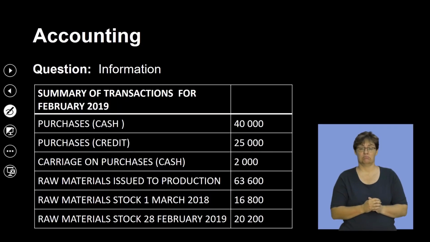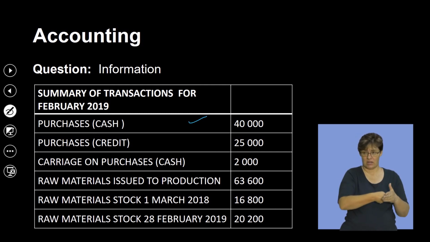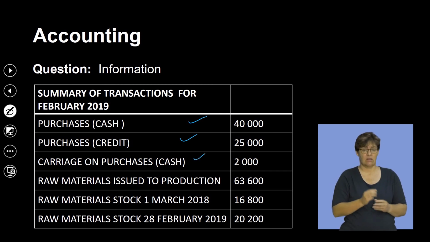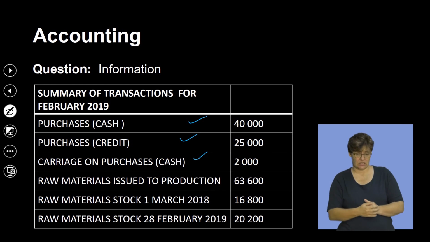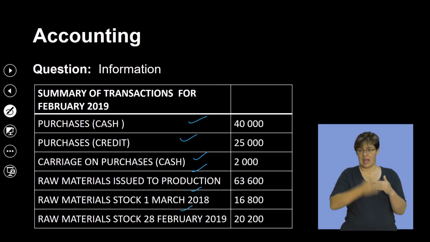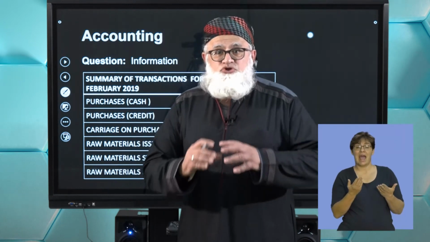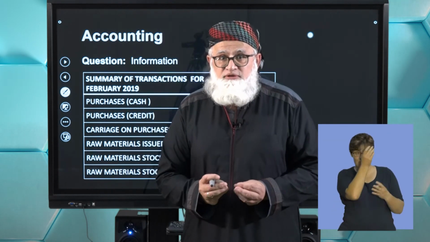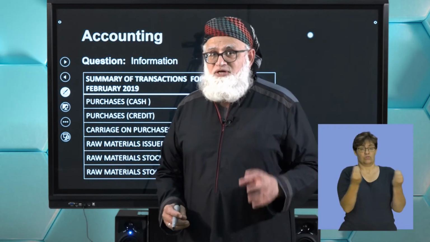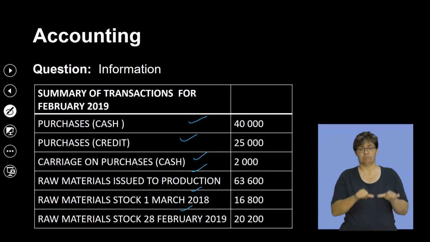We are told, summary of the transactions: cash purchases, 40,000; credit purchases, 25,000; carriage on purchases paid for cash, 2,000; raw materials issued to production, 63,600; raw material stock at the beginning; raw material stock at the end. You are expected now to use this information to draft up your raw materials stock account. Okay? Let's go right into it.